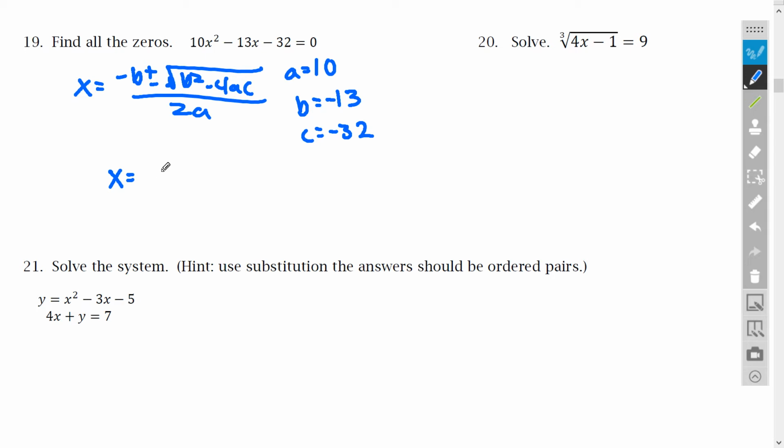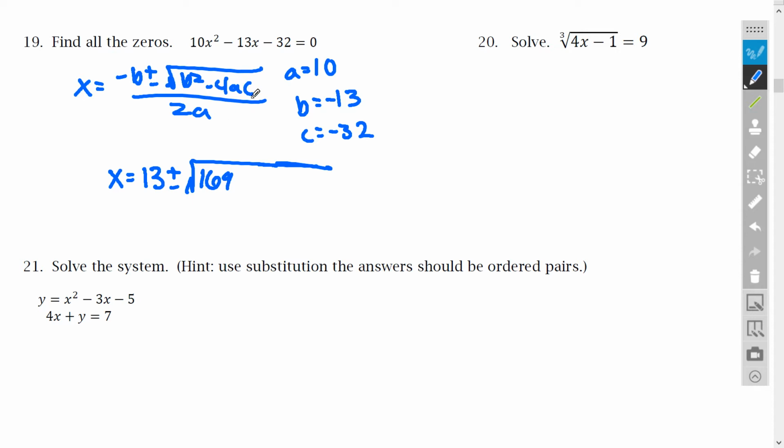Okay, so I got x is equal to 13, because negative 13 is just 13, plus or minus the square root of b squared, so that's negative 13 squared, which is 169, minus 4 times a times c, so that would be minus 4 times 10 times negative 32.